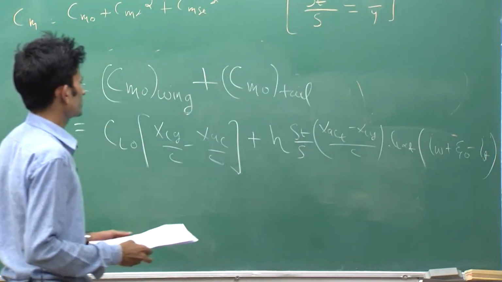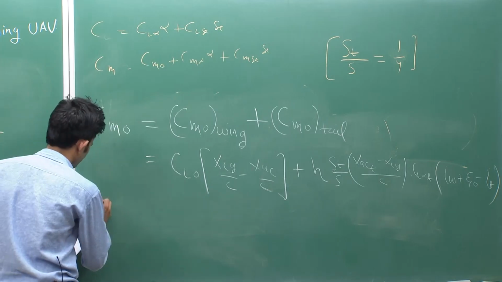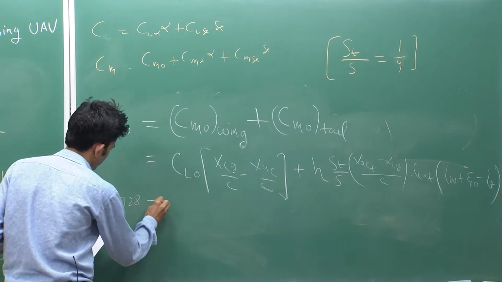So this is nothing but your Cm naught of the whole UAV or aircraft. But in this question it is given that Cm naught of the UAV is 0.0928.